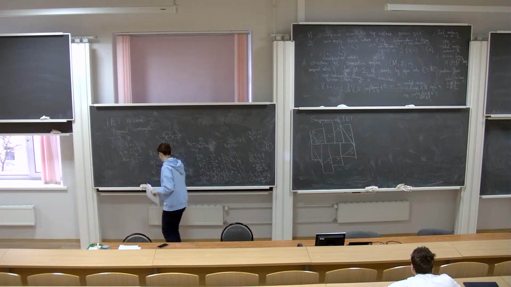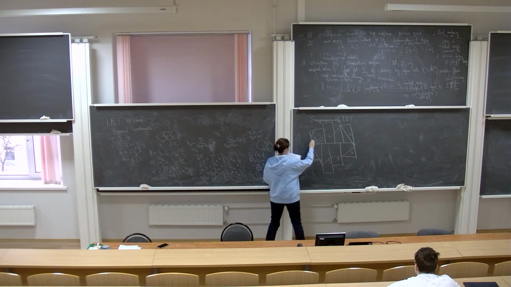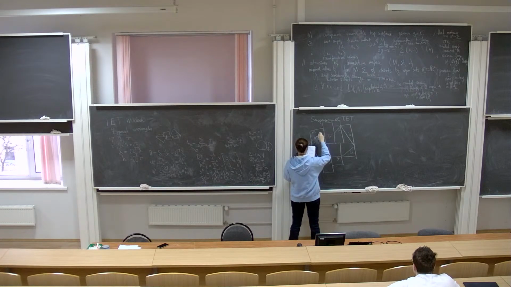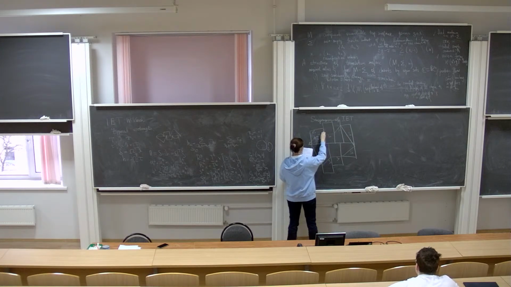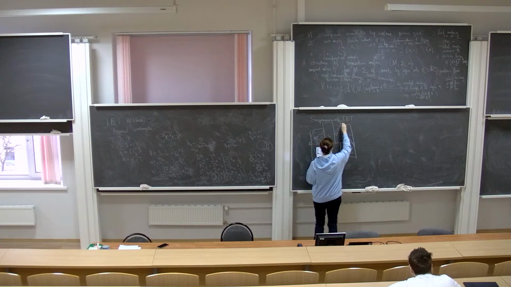So this is my R, TA. This is C0. Then there is this C1T, C2T, C3T, C4.